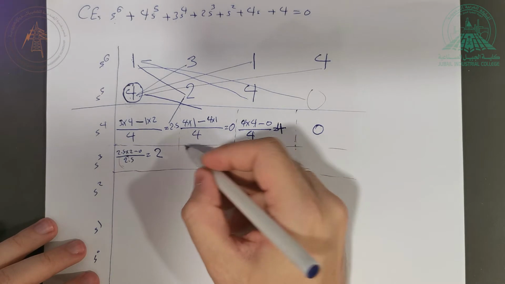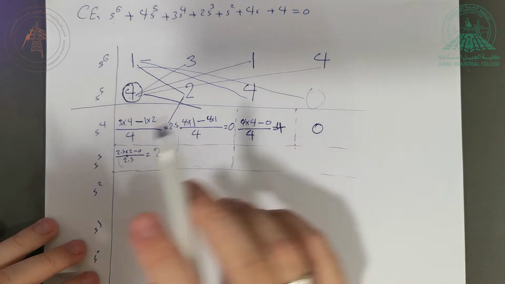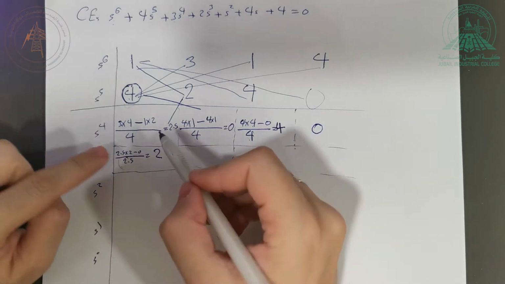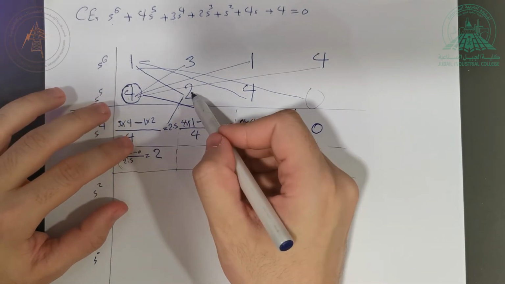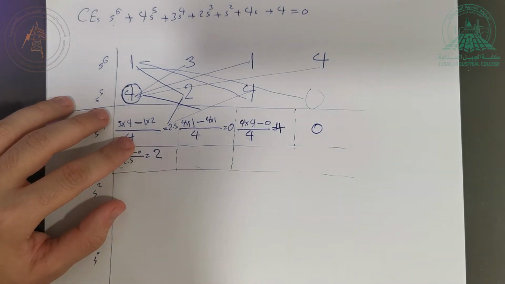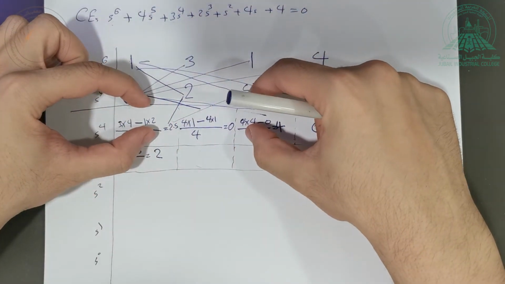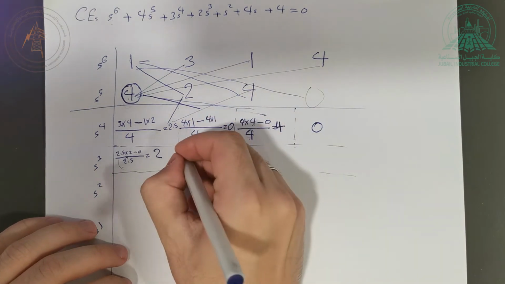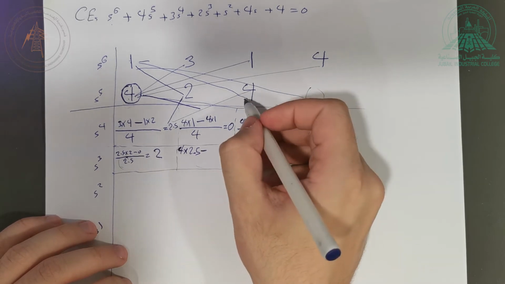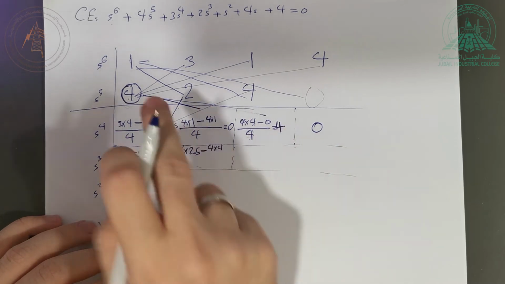Okay, how about this element here, this cell? How do I get this element here? Again, I'm always going to use this X and stretch. So I'm not going to use the 2.5 and 2 now. I'm going to use 2.5 with 4 like that. And then I'm going to use the 4 with 4 like that. So it will be 4 multiplied by 2.5 minus 4 multiplied by 4 and divide by 2.5.